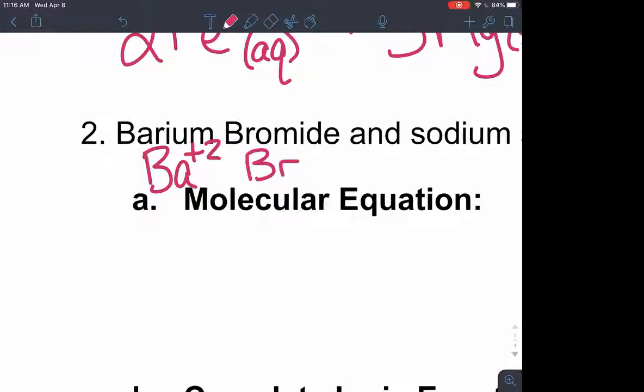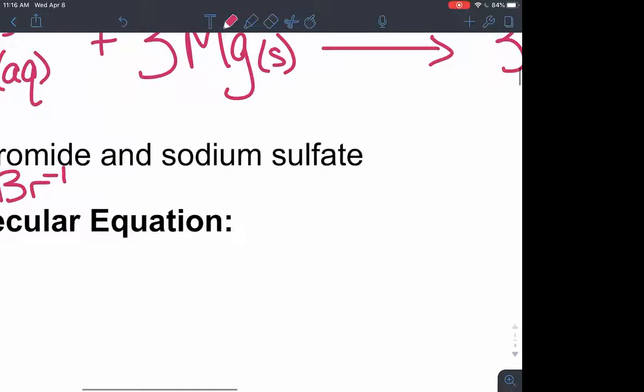I think it's -1. Perfect. All right, we're just going to do sodium as well. So sodium is what element symbol? Na. Perfect. What's the charge? 2. It's close.